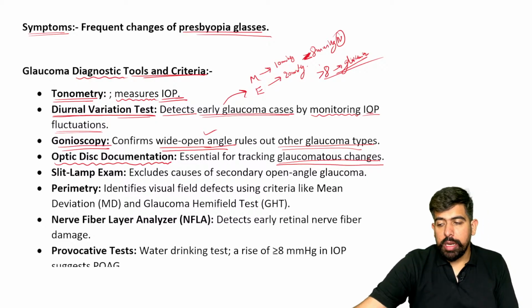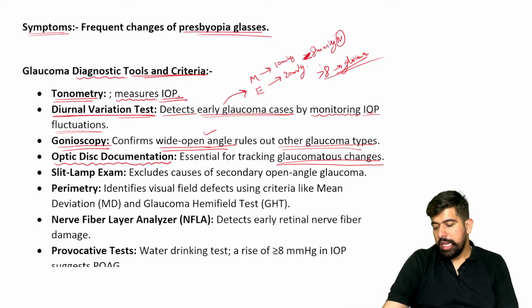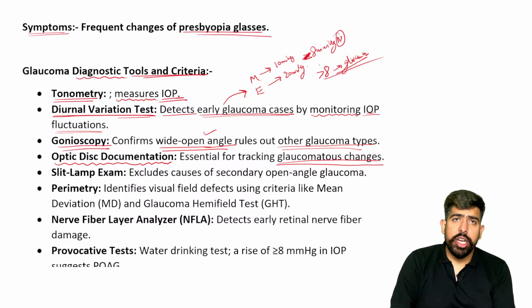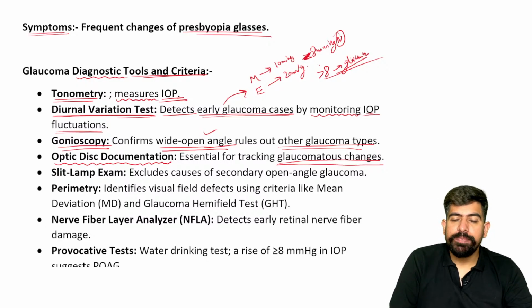Not only will the cup disc ratio increase, there is also thinning of the neural retinal rim, please remember the neural retinal rim, and the last one which should also be present is the nasal shifting of the blood vessels. So please remember, all three disc changes should be present over there.